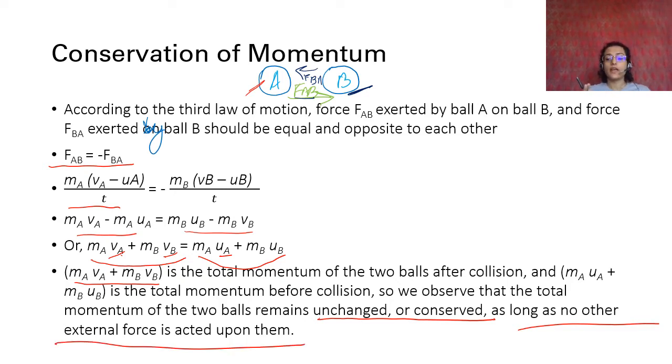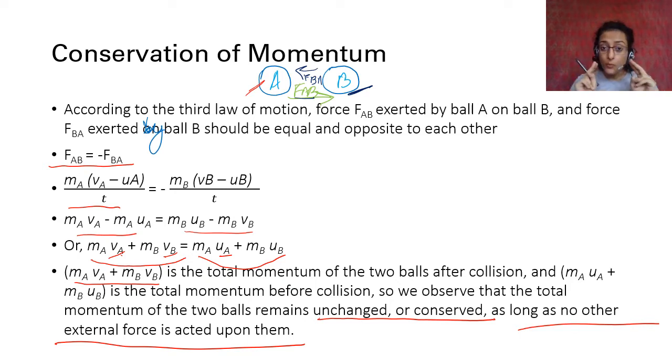right? In this case, it is only the two balls that are colliding with each other. No force is coming from anywhere else. So in such a case, when there is no external force, the momentum before any kind of collision remains the same as the momentum of the system. This is one system; these two together became one system.